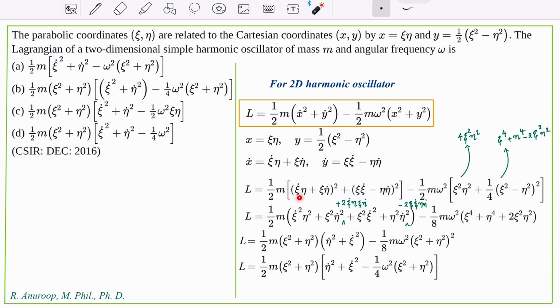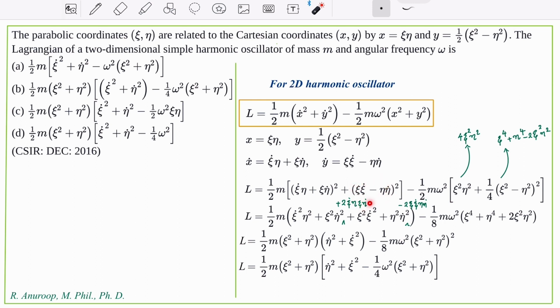If we expand this term, we will get psi dot square eta square plus psi square eta dot square plus 2 psi dot eta psi eta dot.